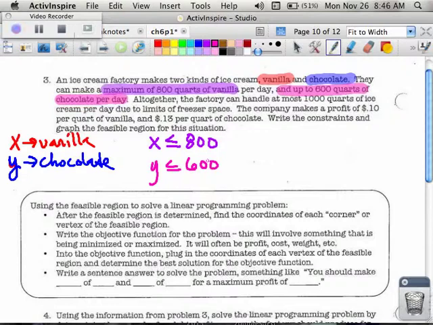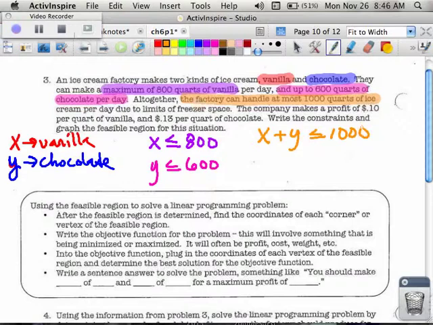And then the last thing that they talk about is at most 1,000 quarts of ice cream. So when they talk about the 1,000 quarts of ice cream, that's really saying that the 2 together, the X and the Y, cannot exceed 1,000 quarts.